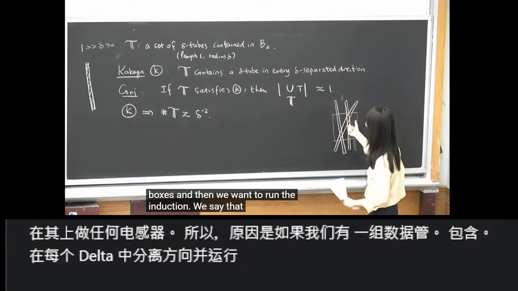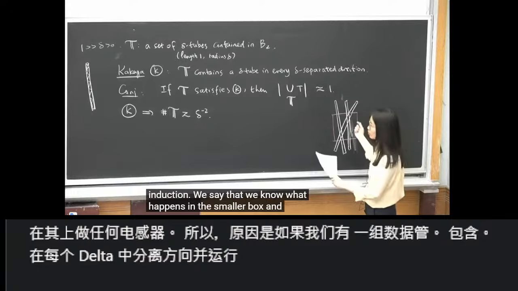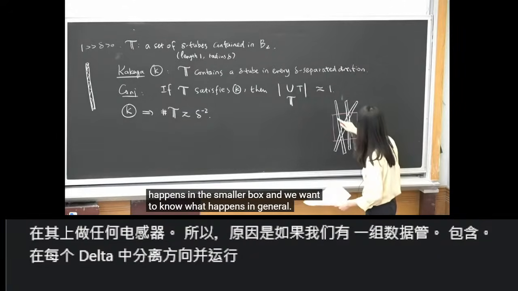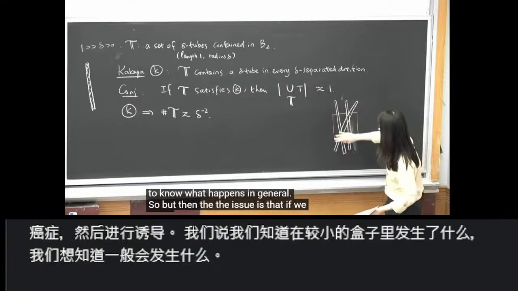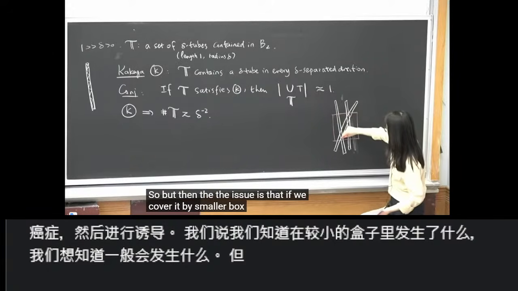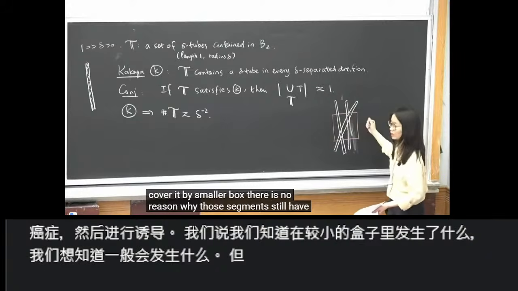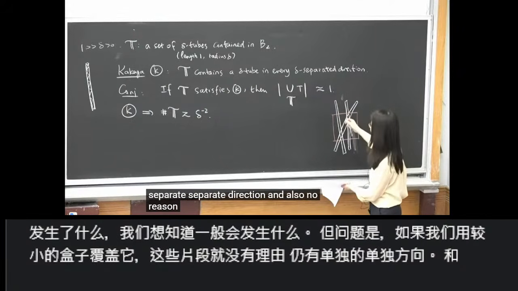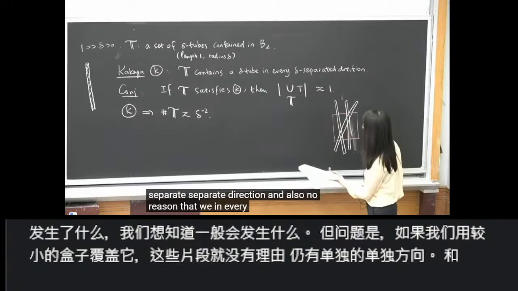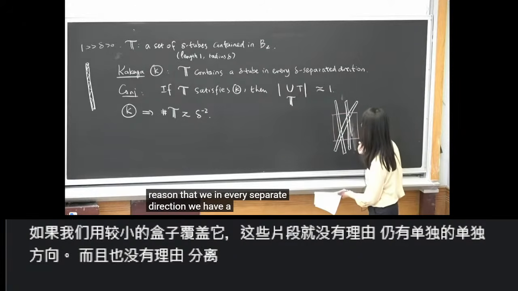We say that we know what happens in the smaller box, and we want to know what happens in general. But the issue is that if we cover it by smaller boxes, there is no reason why those segments still have separated directions, and also no reason that in every separated direction we have a tube.